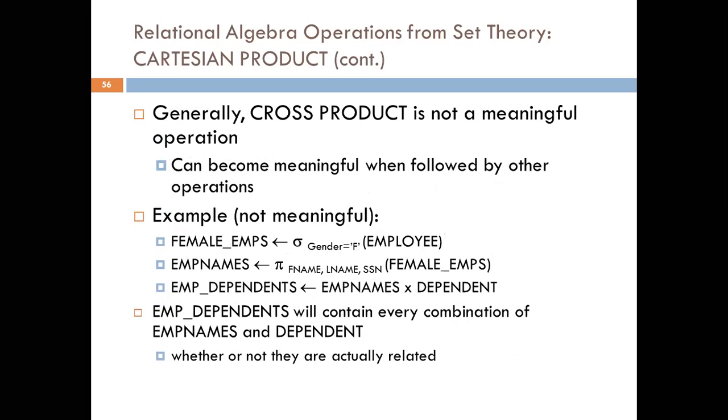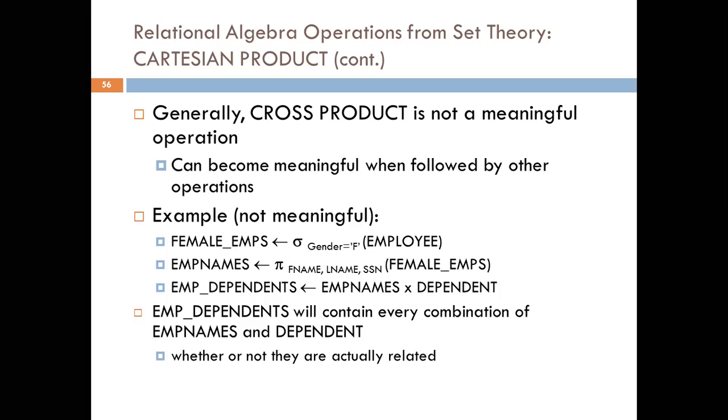So for example, consider this. All the female employees we will extract, so gender is equal to F. Then for the female employees, the first name, last name and SSN will be retained. Then we perform the cross product of the female employees with the dependent, and we obtain the employee dependents. But this employee dependent will contain every combination of employee names and dependents.